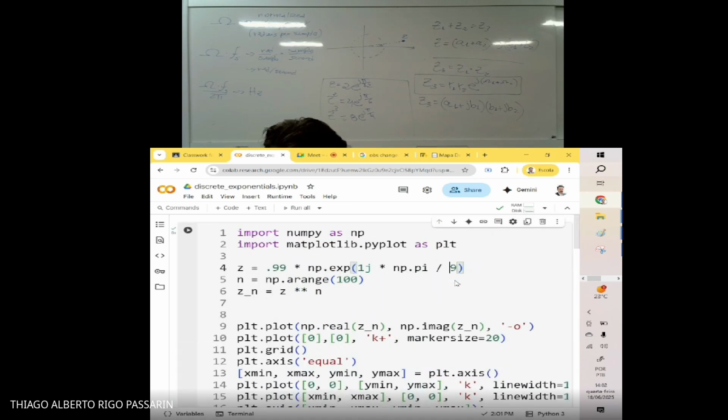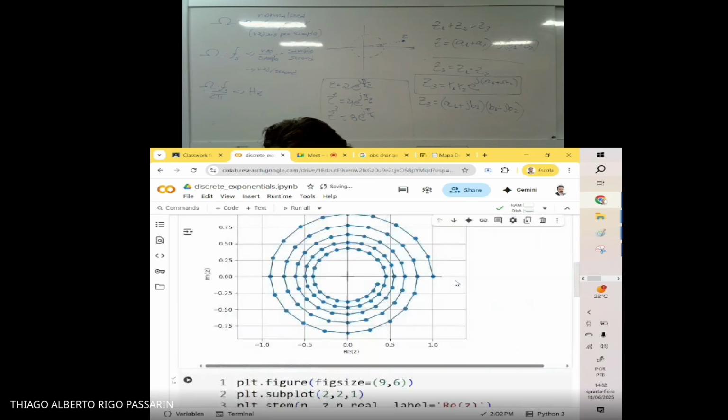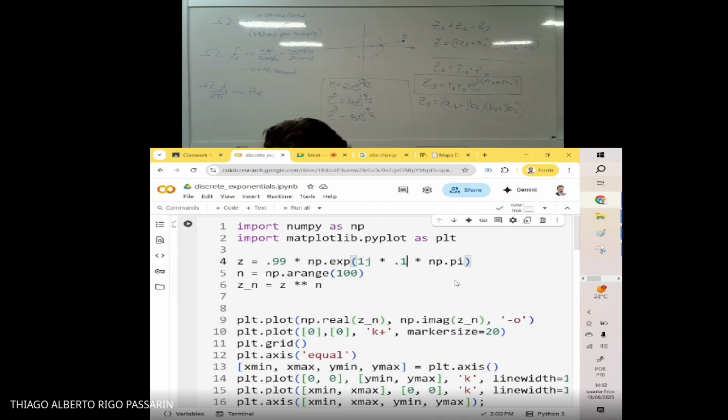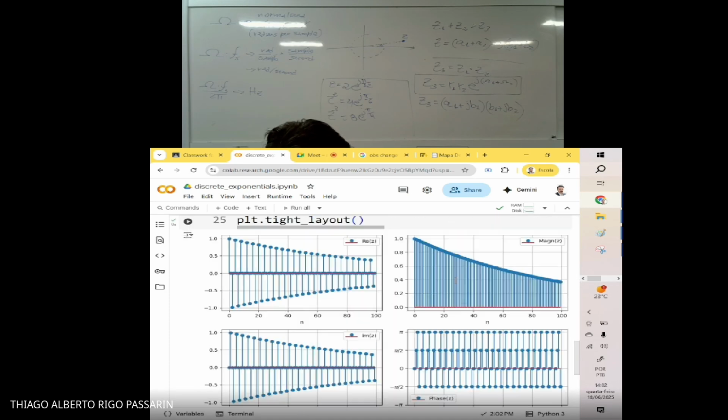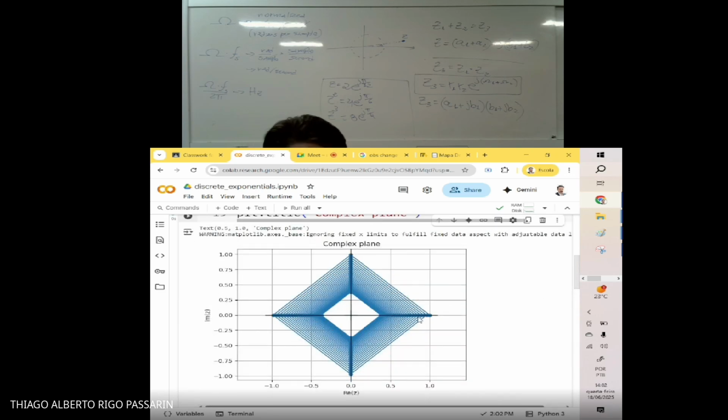If I go 0.1 times this, and here if I go 0.5, now things are interesting. 0.5 is 90 degrees, 0.5 times 2 pi, 90 degrees.